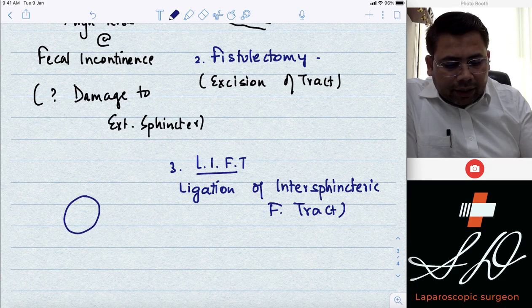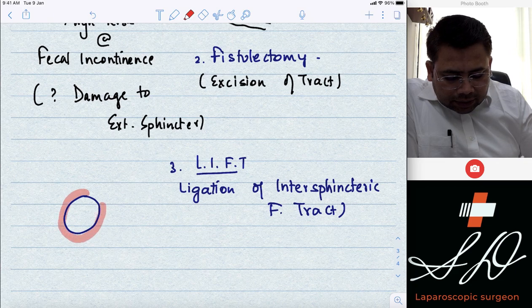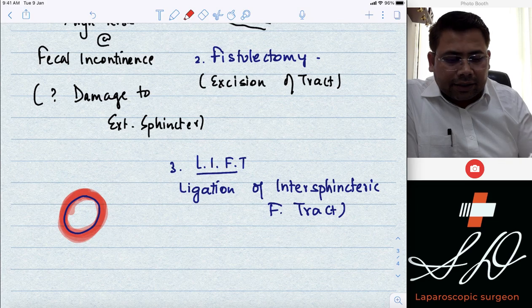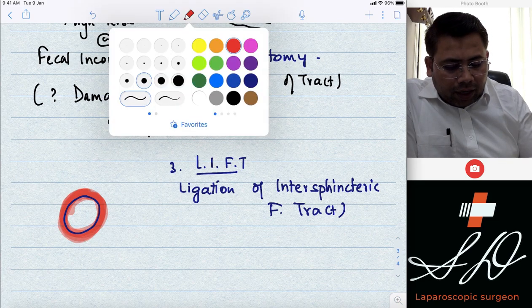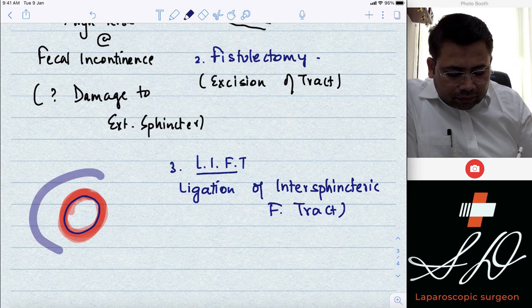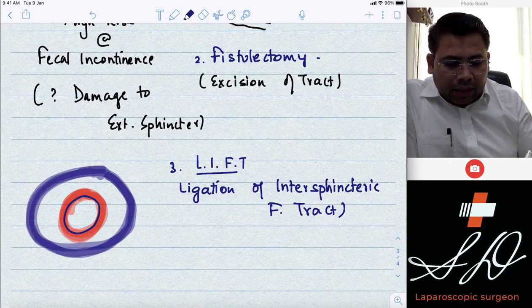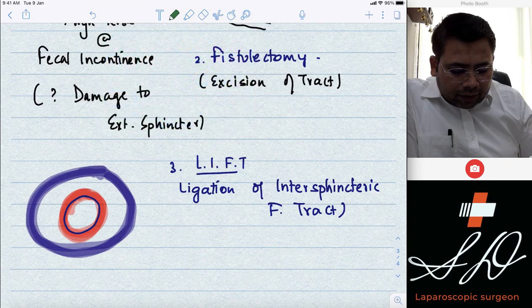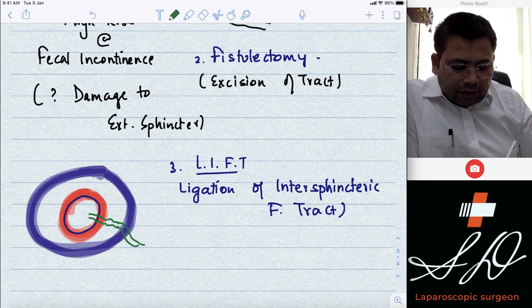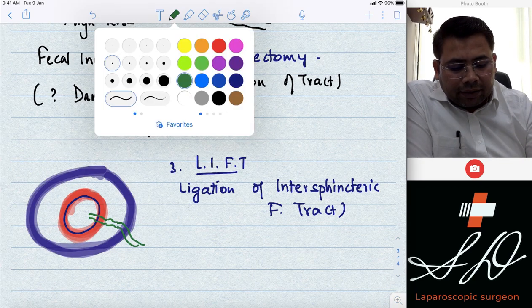Try to understand. This is the what? Internal sphincter complex. Yes, and this is the anus. And then you have the external sphincter here. Now, let me show you a tract. This is the tract. Imagine this to be a tract. So what is done in this case?